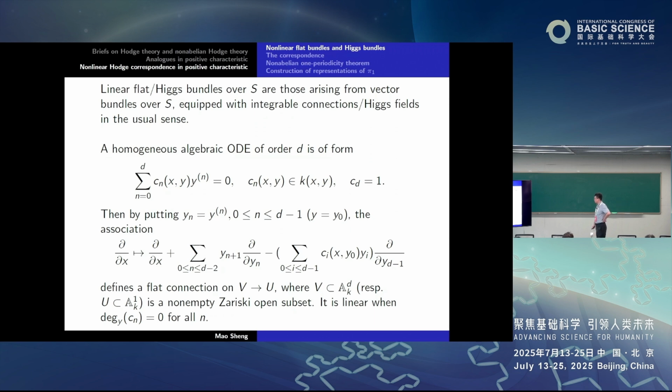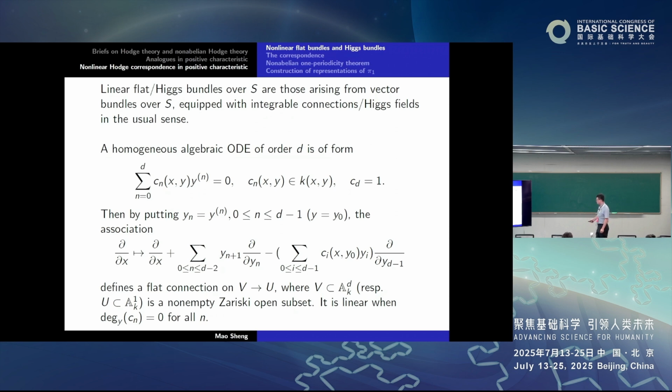So the first set of examples certainly comes from the linear objects, the usual Higgs bundle and the flat bundle, as we talked about above. And this gives you the linear one. Then, we know that considering connections over a curve, in particular over a punctured P1, a Riemann surface, is really equivalent to considering linear ODE.